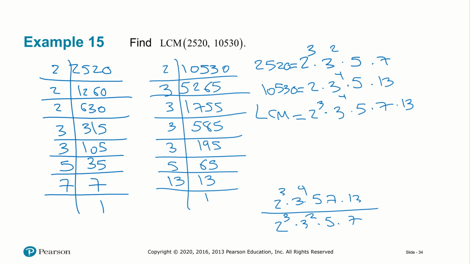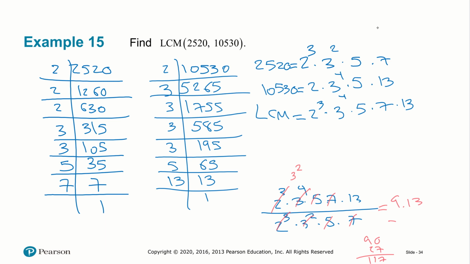Now notice we can cancel, the 2 cubes cancel. 3 squared goes into 3 to the 4, 3 squared times. 5s cancel, 7s cancel, and you get what? You get 9 times 13, which is 117, right?